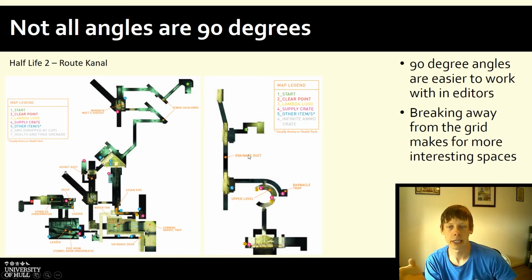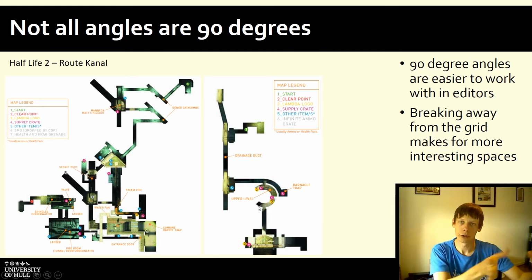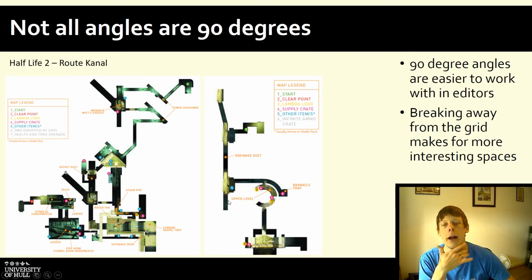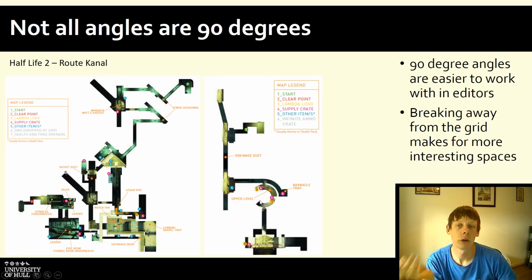But you can see how Half-Life 2 wasn't afraid to embrace that and have these, especially with this section here as well, which is after this one. You've even got these circular corridors that would have been particularly difficult to place. But it's more impressive, and also again that theme of variety and having the player interact with different spaces is important, and making the game feel a bit more exciting.